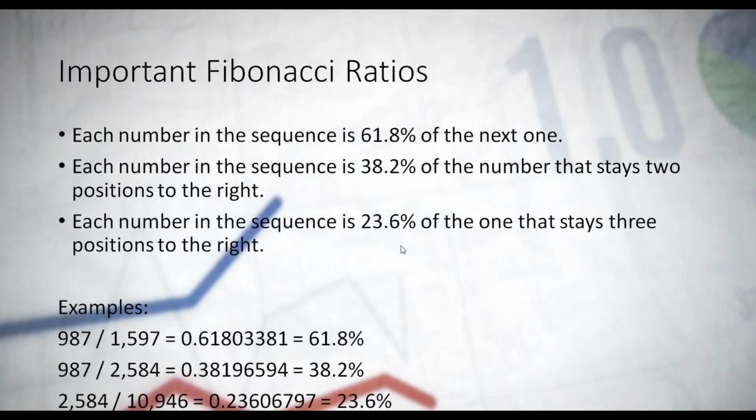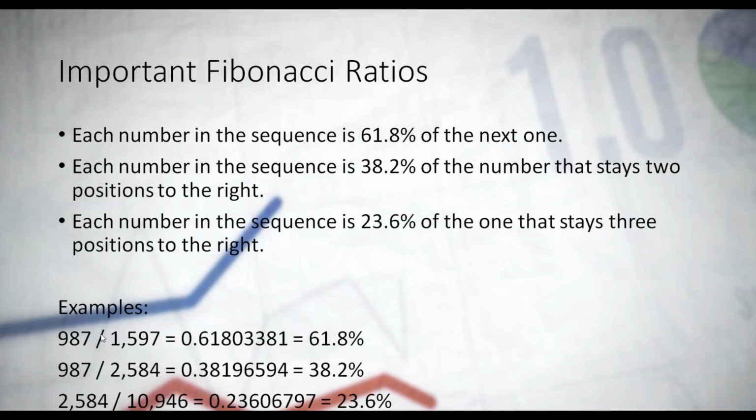So you have a first static number, for example, the next number is 61.8. You have a static number which takes 61.8% of the next number. It takes 38.2% of the number that comes after, and then it takes 23.6% of the number that comes after, the one that stays 3 positions to the right. For example, I've created these 3 calculations for you here.